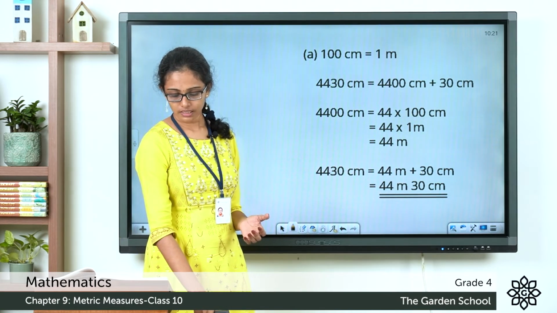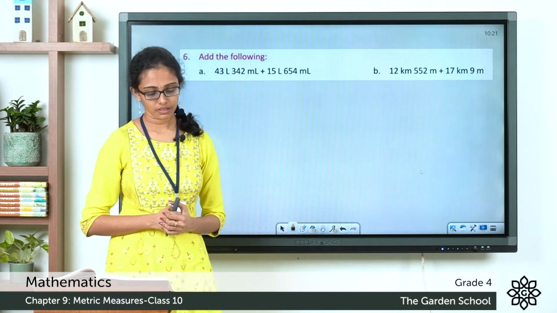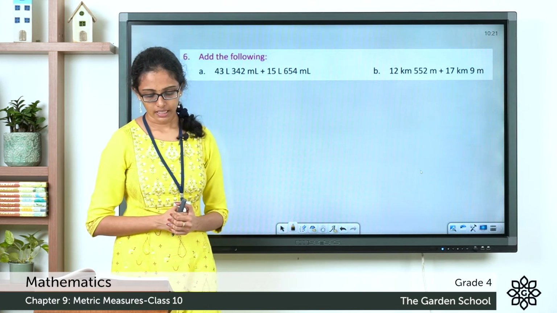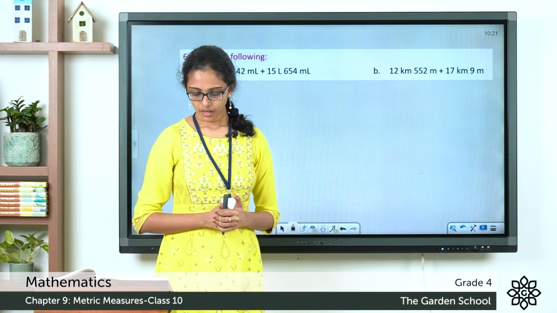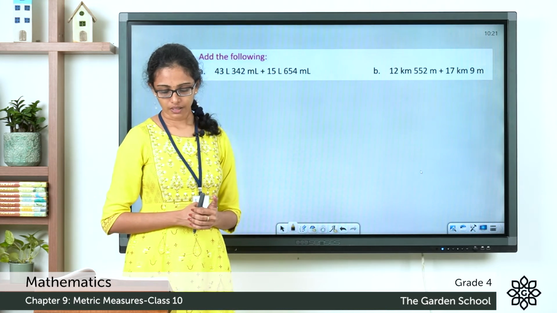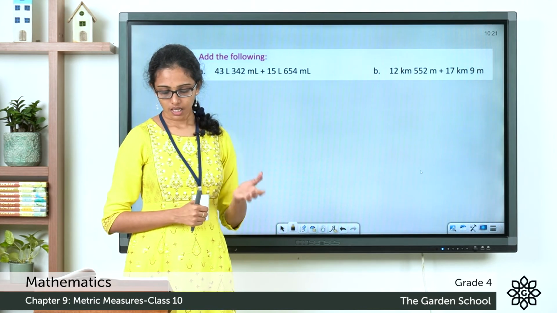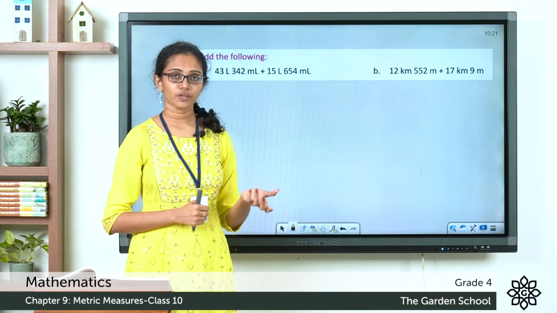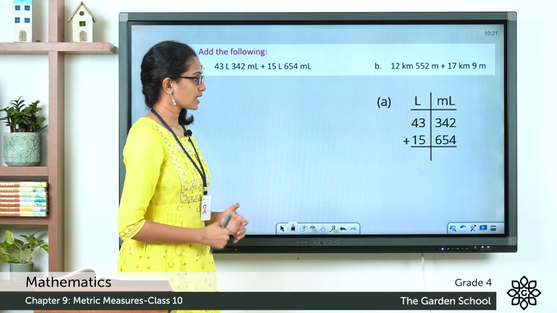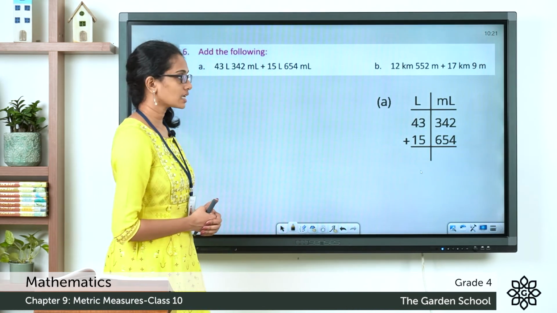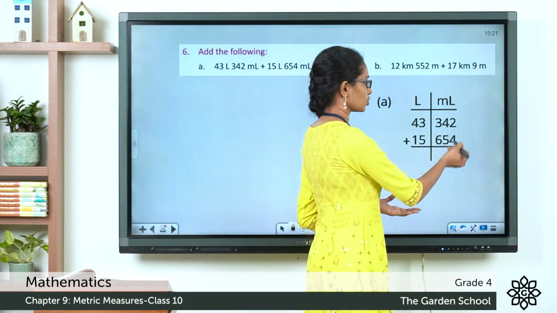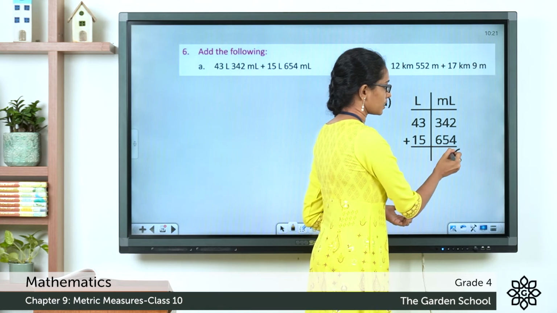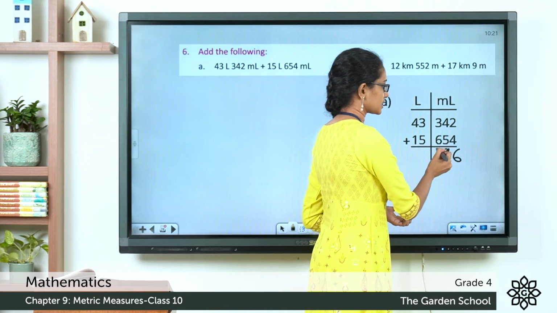Now moving on to the next one, question number 6. Add the following, and you have 2 questions given there. Let's work out the first one now. You have to add 43 liters 342 milliliters and 15 liters 654 milliliters. After writing them in proper columns of units, let's do the addition. So in the milliliters column we have 2 plus 4 equals 6, 4 plus 5, 9, 3 plus 6, 9.